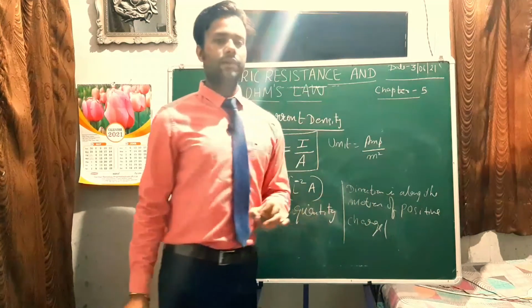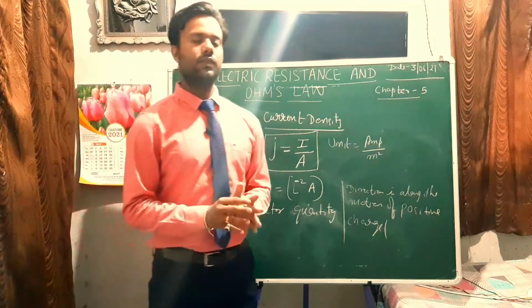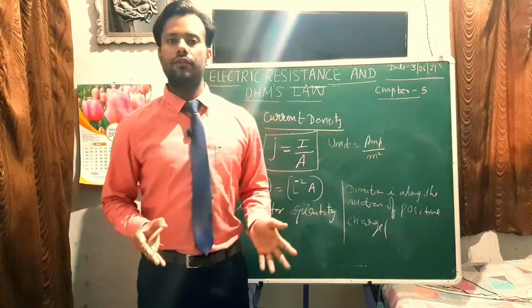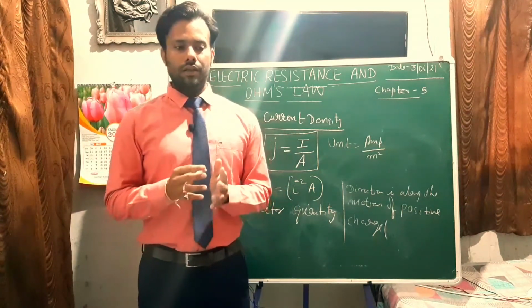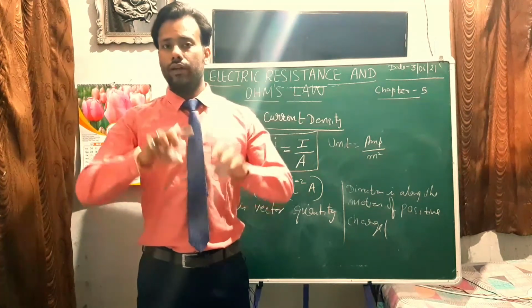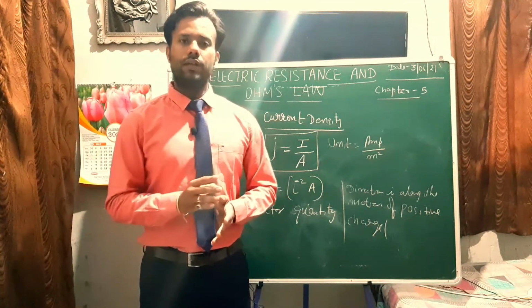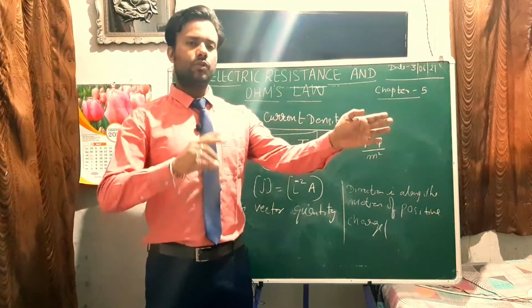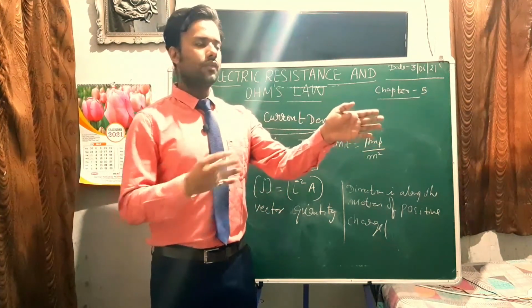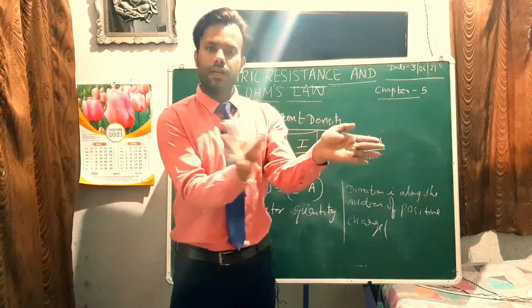As you know, fundamentally positive charge does not move anywhere, because positive charge resides inside the nucleus. Only the negative charge can flow in the circuit. If the negative charge is going in this direction, then conceptually positive charge will flow opposite to it, in this direction.